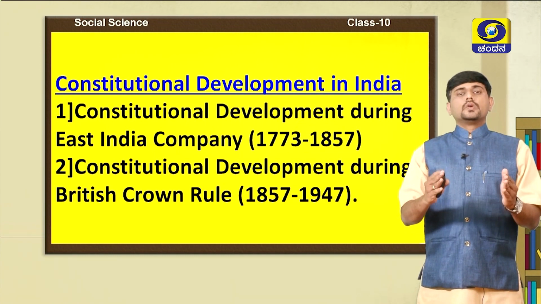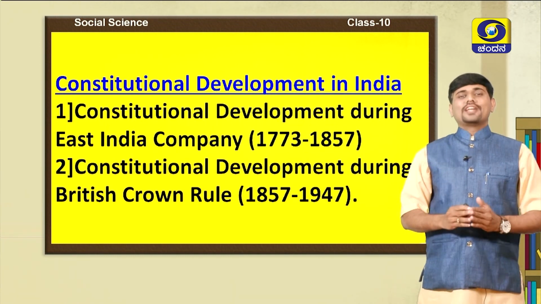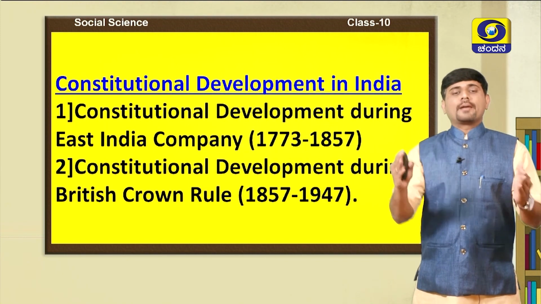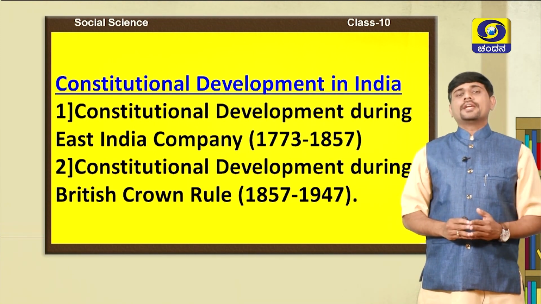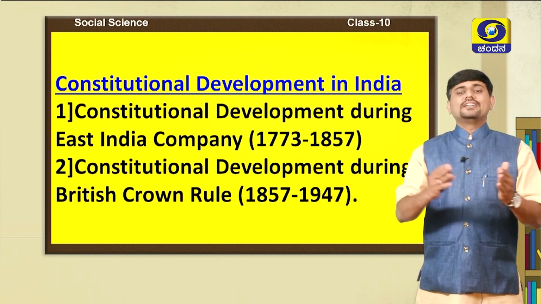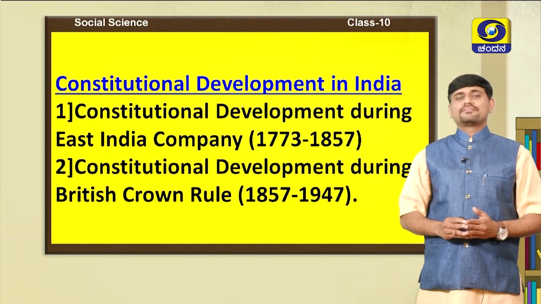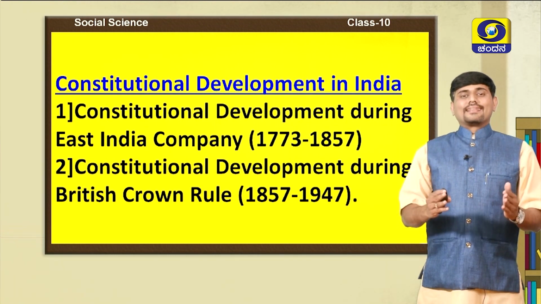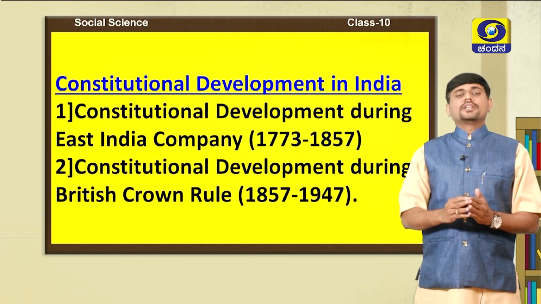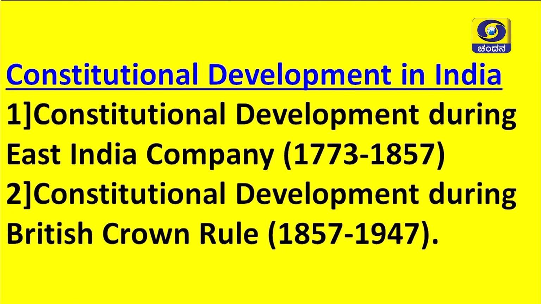There are two parts of the constitutional development in India: the constitutional development during the British East India Company, from 1773 to 1857, and the constitutional development during the British Crown rule, from 1857 to 1947.